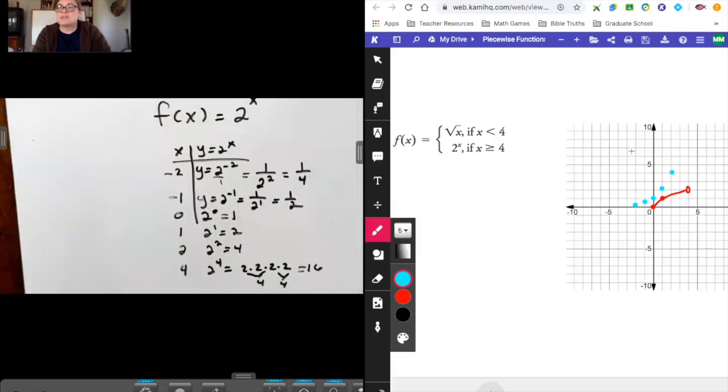Well, I don't have a 16 on my graph. So I could just say that this was 16. And then when x is 4, we have 16. It says x is greater than or equal to 4. That would mean a closed circle.